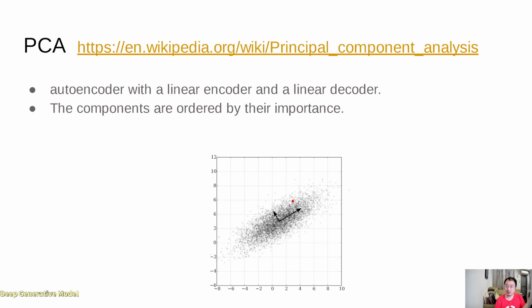If we can only choose one dimension, how do we choose the most important one? So we run through all of them and measure the importance of each direction. The measurement of importance is that we project every data point to this direction.